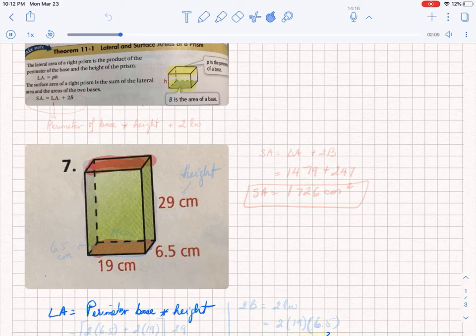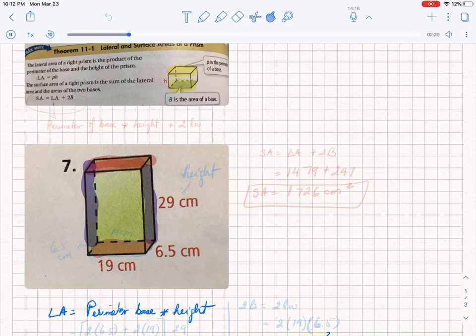Hold on, let me change to a different color. This one can be one of the bases. If that's the base, this needs to be a base. There will be different ones. The moment you define the base, the other faces will be laterals.